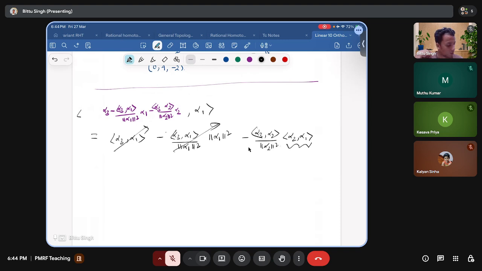Can you see that initially alpha 2 and alpha 1 are not orthogonal to each other? It was not given. So I cannot say that this will be 0.